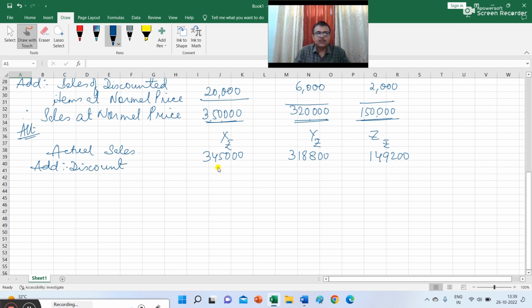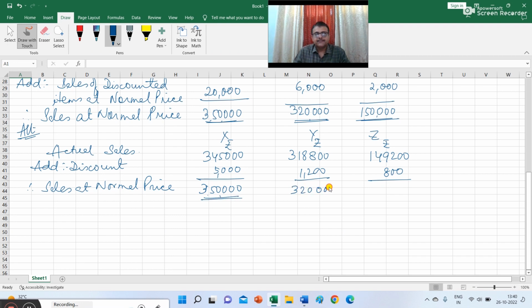We have already calculated the discount in working note number 1, and 5,000 was the discount for department X, 1,200 for department Y and 800 for department Z. So what is the amount of sales at normal price? We have 3,50,000, then 3,20,000 and 1,50,000.